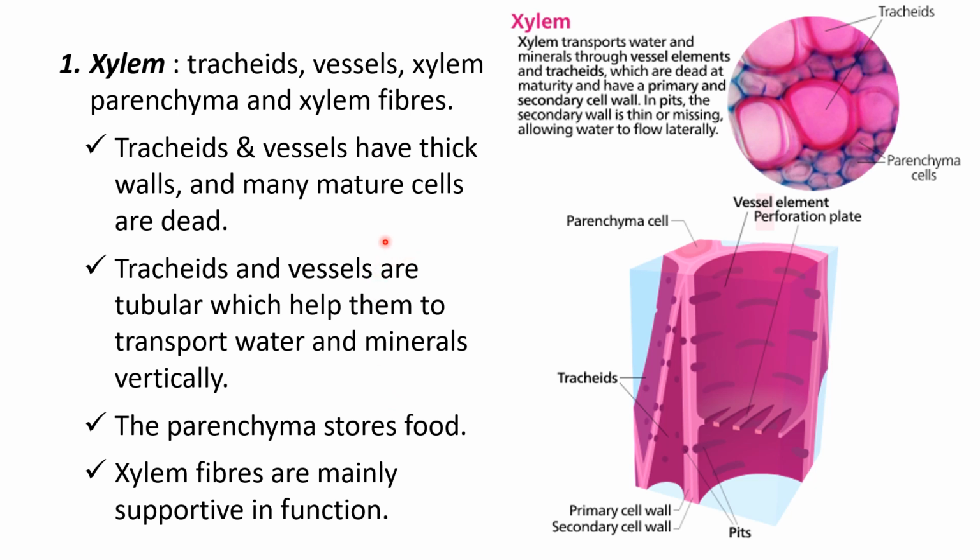Also, most of the cells of tracheids and vessel elements are dead at maturity और उनके पास primary and secondary cell wall होता है. पिट में जो यहाँ पे बीच में आपको पिट्स दिखाए जा रहे हैं, the secondary wall is thin or missing in these pits, so they allow water flow laterally. Also the parenchymatous cells, they help in storage of food, and xylem fibers, they mainly help in supportive functions.